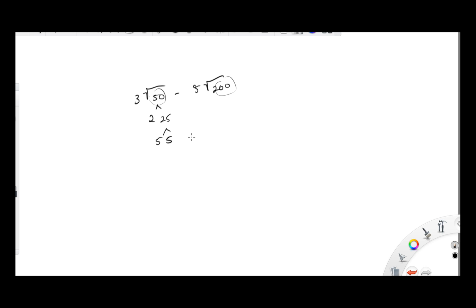So really what we're saying for this expression is 3 times the square root of 2 times 5 times 5. Does that make sense? I got my 5 here, 5 here, this 2 here, and the 3 stays on the outside. So we're going to do the same thing for this one, okay?